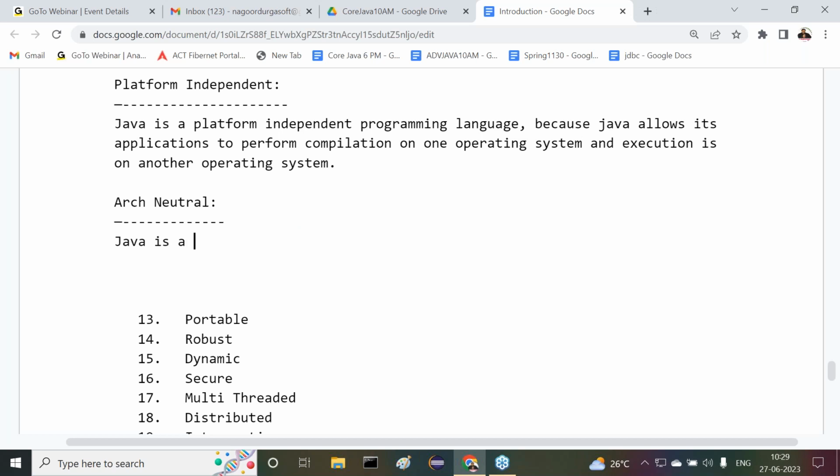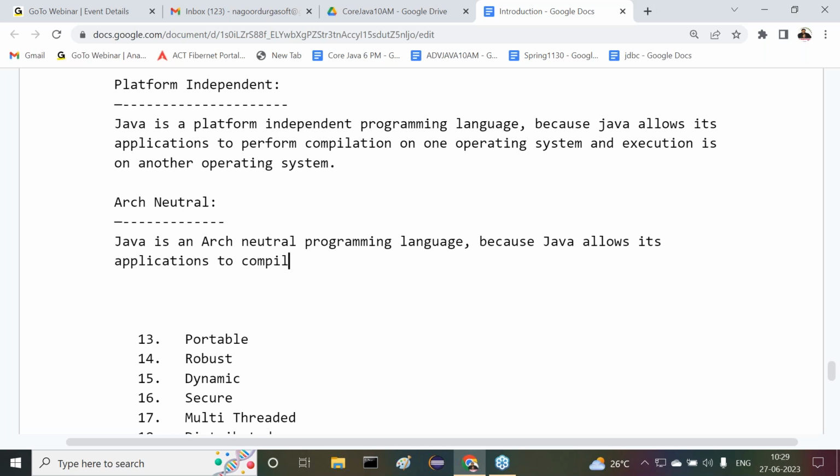That's it. So listen carefully. Java is an architectural neutral programming language. Why? Because Java allows its applications to compile on one hardware architecture and to execute on another hardware architecture.